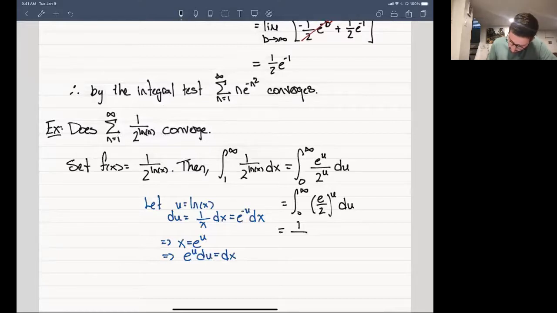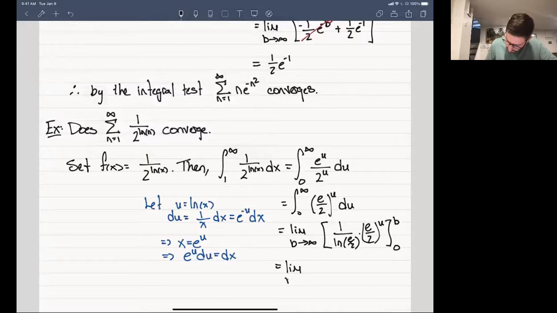So 1/ln of e/2. And let me put the limit out front first, just so that things look proper. The limit as b goes to infinity of 1/ln of e/2, that's the natural logarithm of the base, times e/2 to the power of u from 0 to b, which is equal to the limit as b goes to infinity of 1/ln of e/2.